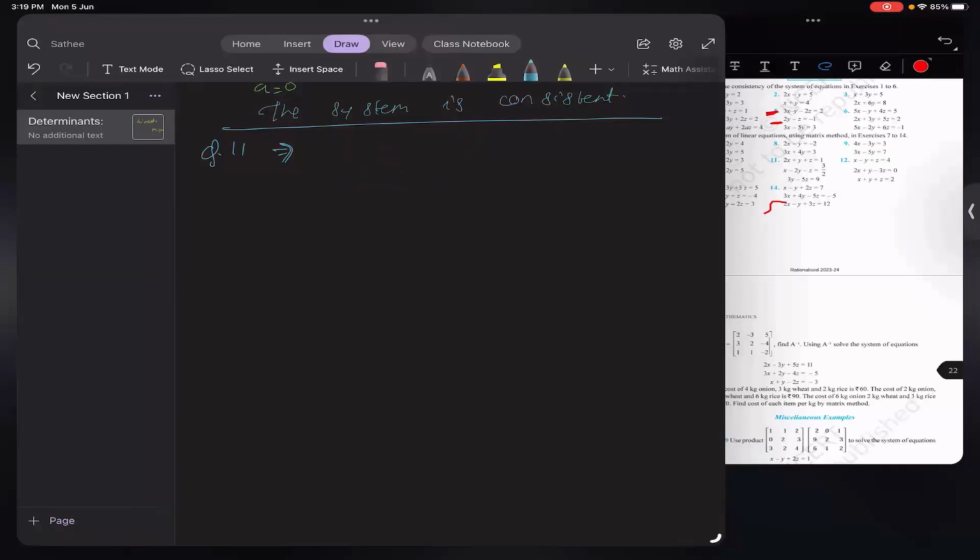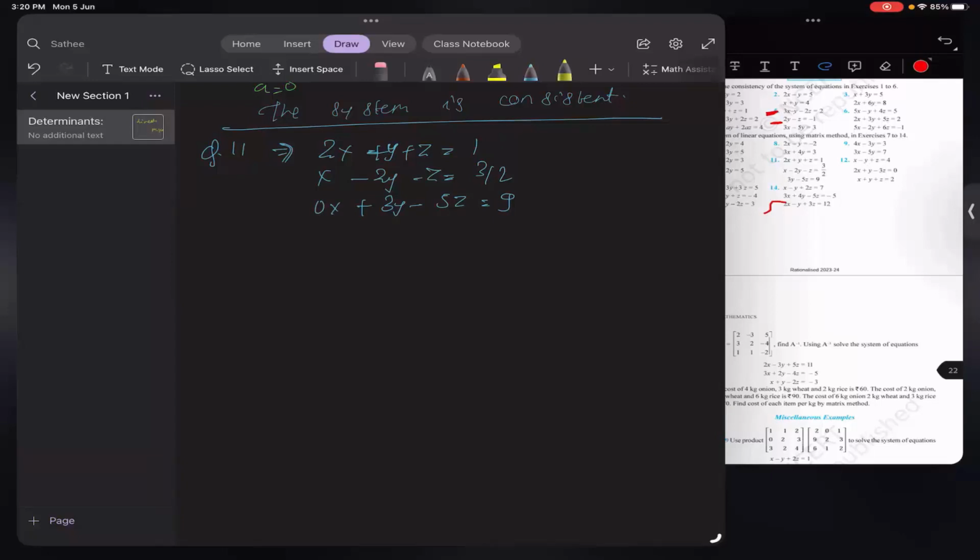Our question number 11 is 2x plus y plus z equal to 1, and x minus 2y minus z equal to 3/2, and 3y minus 5z equal to 9. You can consider this as 0x plus 3y minus 5z equal to 9.